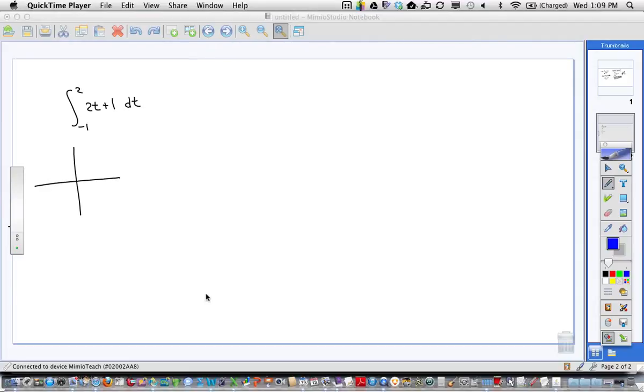What's the graph of 2t plus 1 look like? Y equals 2t plus 1. It's a line, so we're going to go up 1. And then we're going to go up 2, over 1, and up 2 and over 1, and down 2 and back 1, right? That kind of thing.